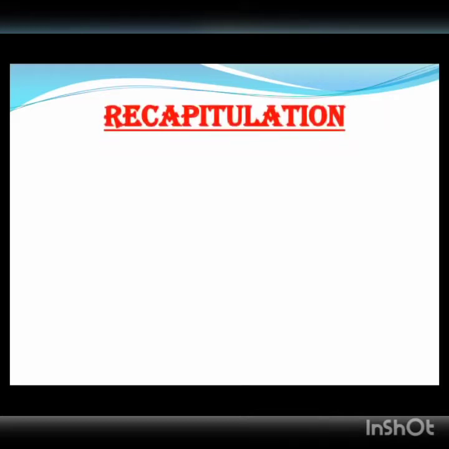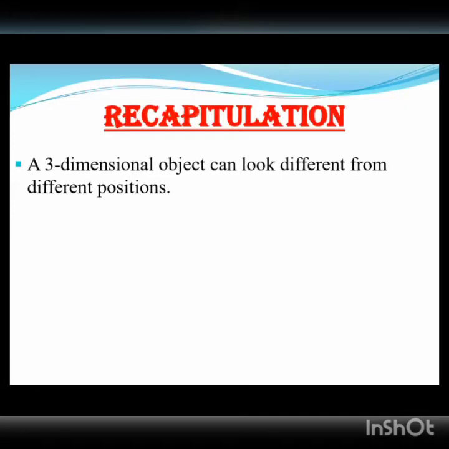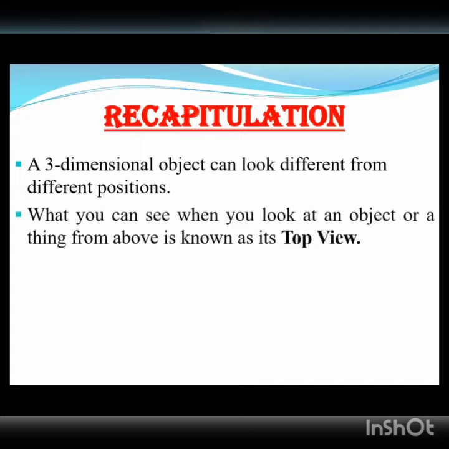Now, let's do revision of what we learned in our last session. We learned that a three-dimensional object can look different from different positions. What you can see when you look at an object or a thing from above is known as its top view.